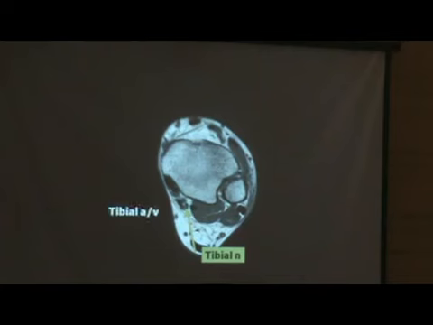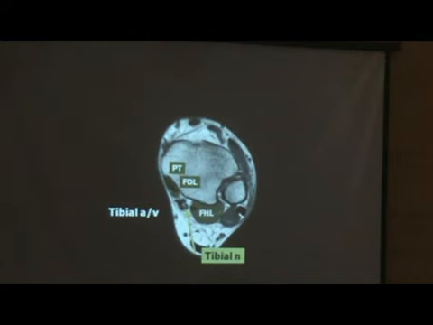Near the tibial nerve, we have the tibial vessels, the artery and vein. They are just medially, as you can see. It's an important anatomical relationship. And we're going to see other important structures as well, such as the flexor hallucis longus tendon and muscle laterally, and medially two other tendinous structures, the flexor digitorum longus tendon and the posterior tibialis tendon.